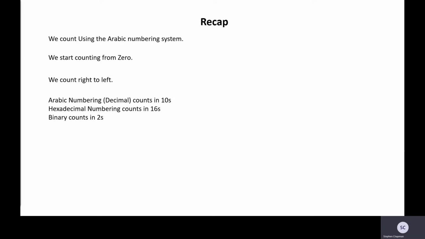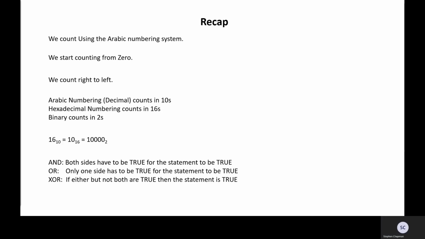The Arabic numbering system, or the decimal system, counts in tens, hexadecimal counts in 16s, binary counts in 2s. So the number 16 in the decimal system is equal to 10 in the hexadecimal system is equal to 10000 in the binary system.